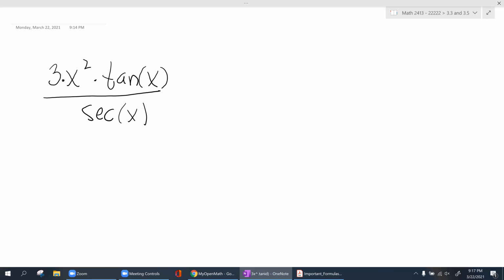But remember, division is the same thing as multiplying. What I have here is 1 over secant of x times 3 times x squared times tangent of x. That's technically what I have.